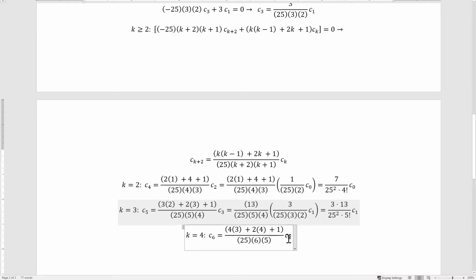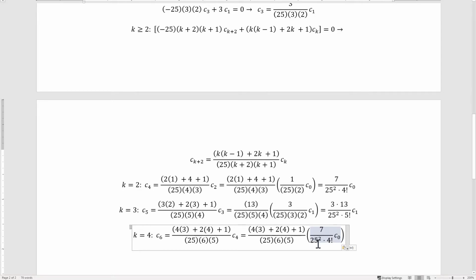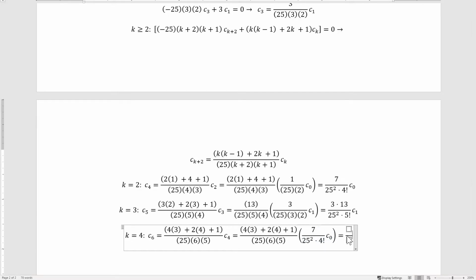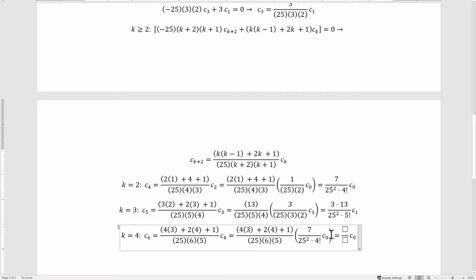And C sub k is equal to 4. What is C sub 4 equal to? C sub 4, we did that one. It was this expression over here, which is 7 times 25 squared times 4 factorial. So this is going to be something with a C sub 0 in it.